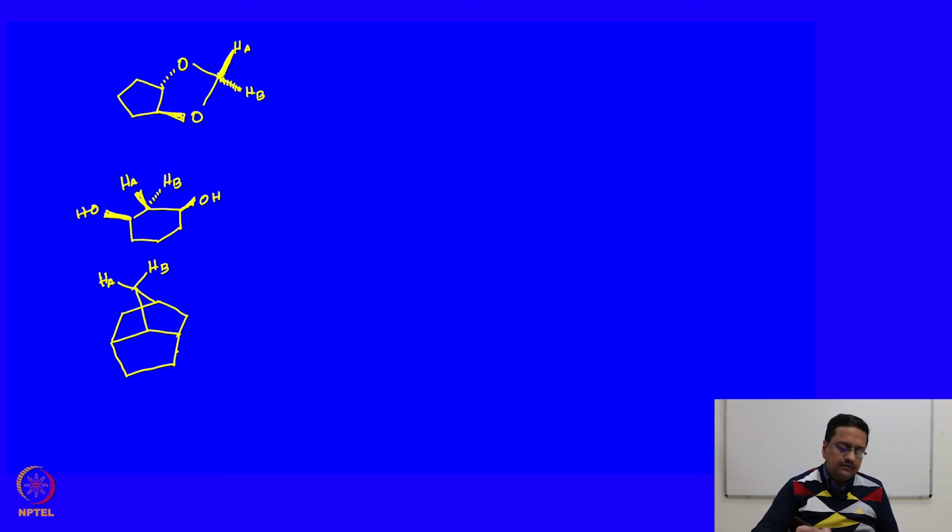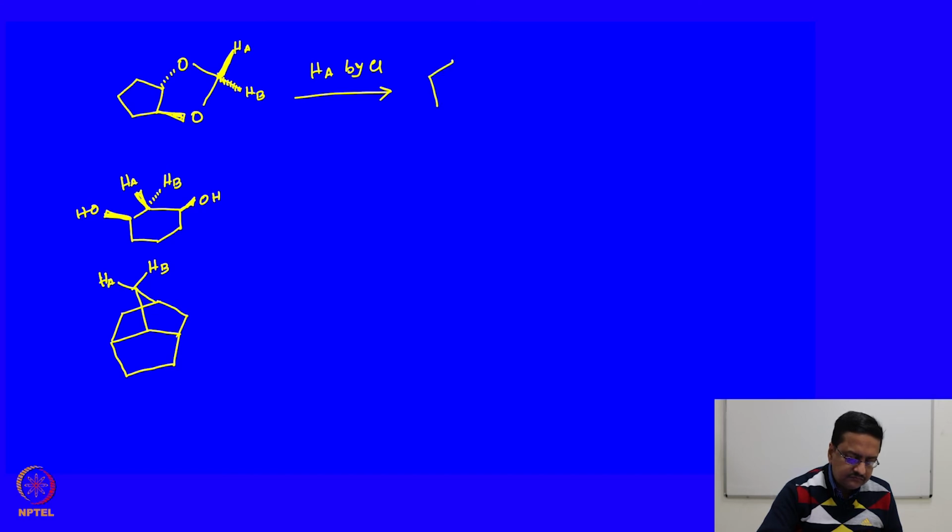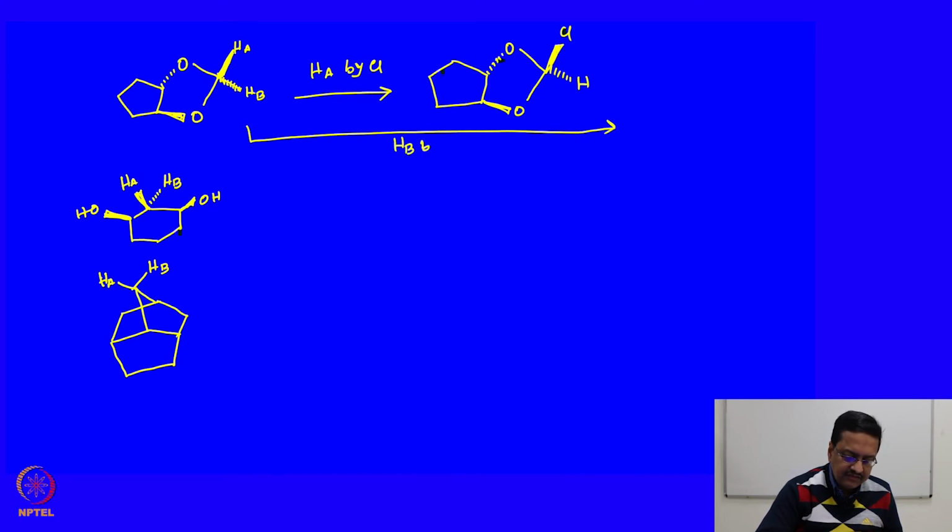So, how do we find it out? We first try to replace one by one, replace Ha by suppose Cl, and we get this molecule. And if we replace Hb by Cl, we get this molecule.